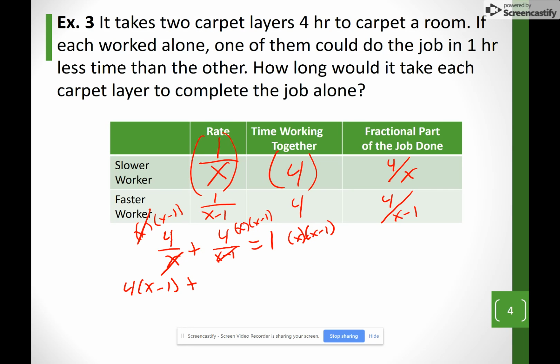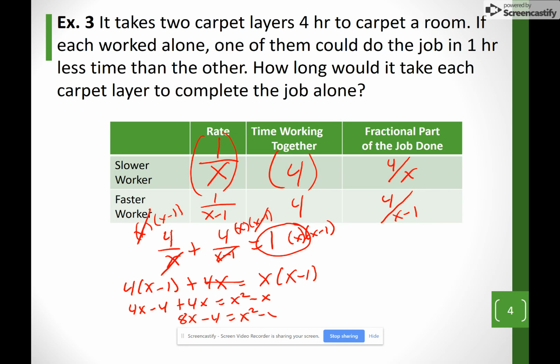On the second fraction, x minus 1 cancels out, so I have 4 times x equals 1 times x, because I multiply these two, 1 times x times x minus 1. Let's get rid of parentheses. I have 4x minus 4 plus 4x is equal to x squared minus x. To simplify the left, I have 8x minus 4 equals x squared minus x.